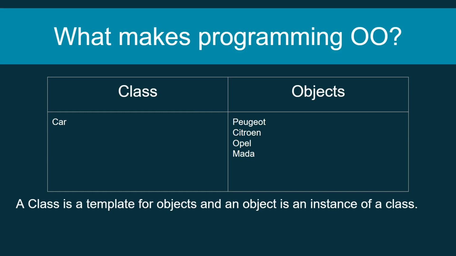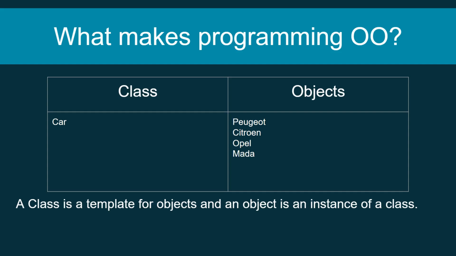What makes a programming language object-oriented? In object-oriented programming, you have a class. And what is a class? A class is a template for objects, and an object is an instance of a class.